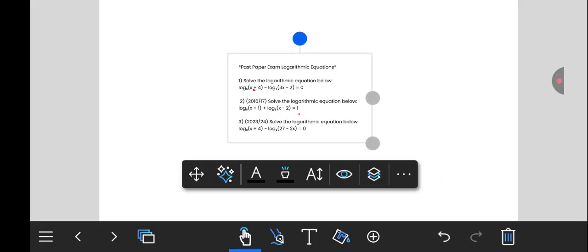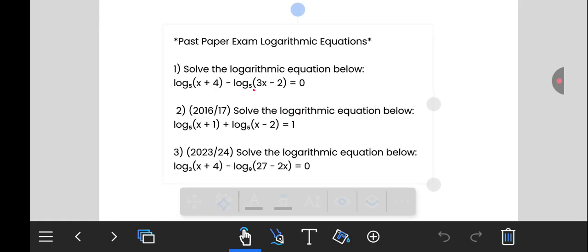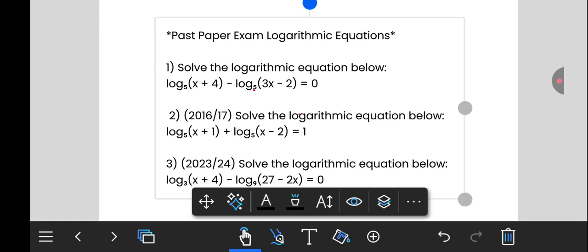So these are the questions we have. The first one, solve the logarithmic equation below. I think my mind misplaced to write the base for this particular question, but I wrote it for these other two questions. Okay, so let's begin with question 1.